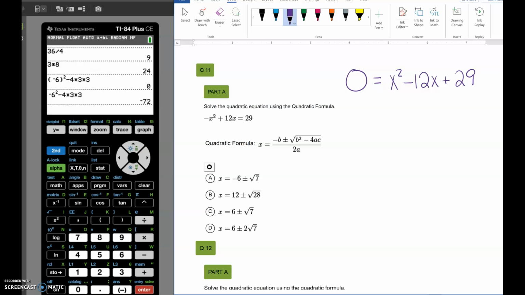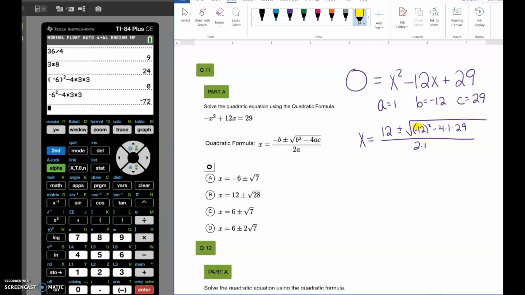That just makes my a value positive, and that makes things easier. So my a is 1, my b is negative 12, my c is 29. X equals opposite of b plus or minus the square root of b squared minus 4ac all over 2 times a.